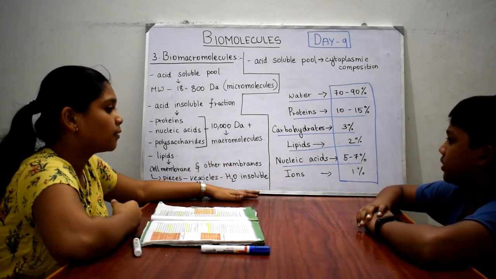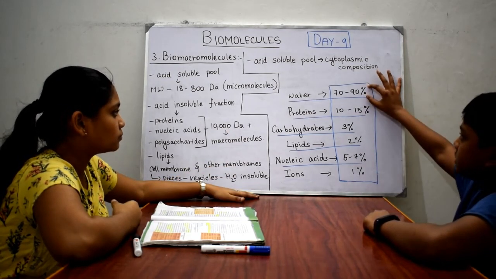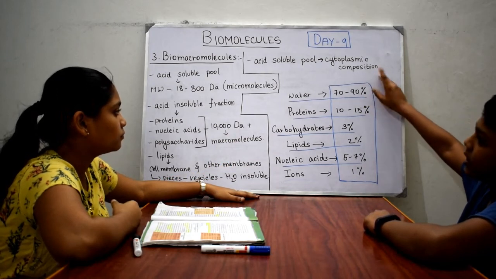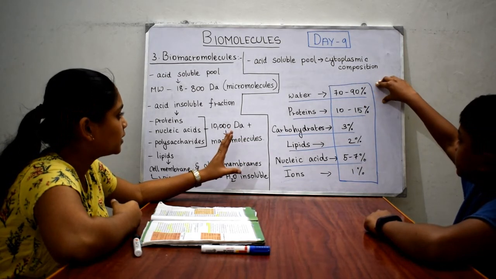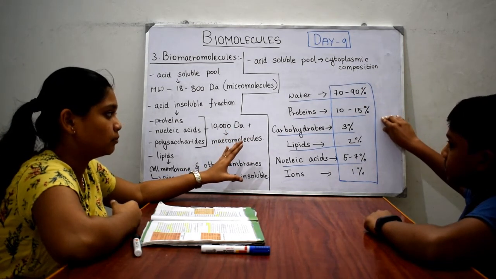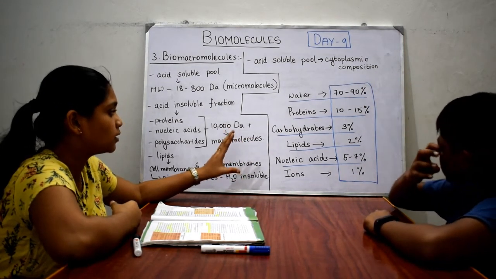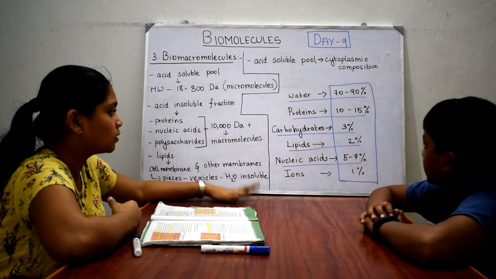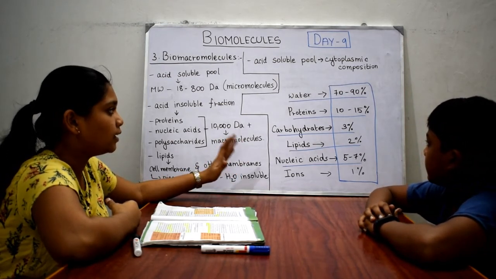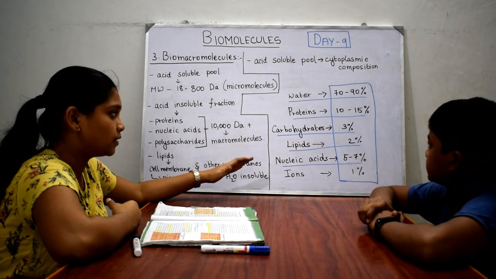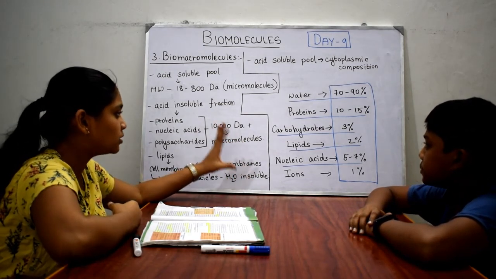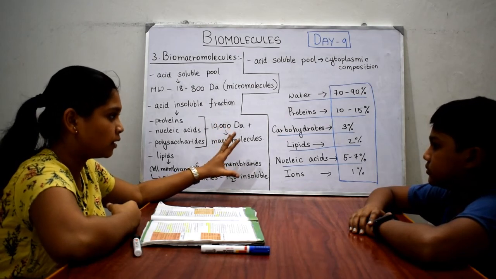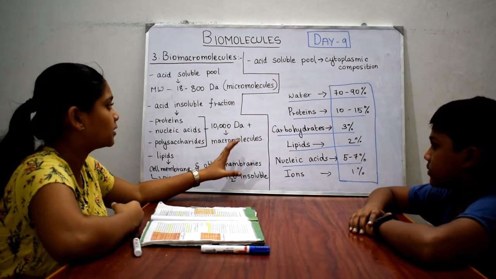So ions are the smallest and water is the largest. This is the percentage composition of a living organism. This composition is very important, and many competitive exams ask about it.